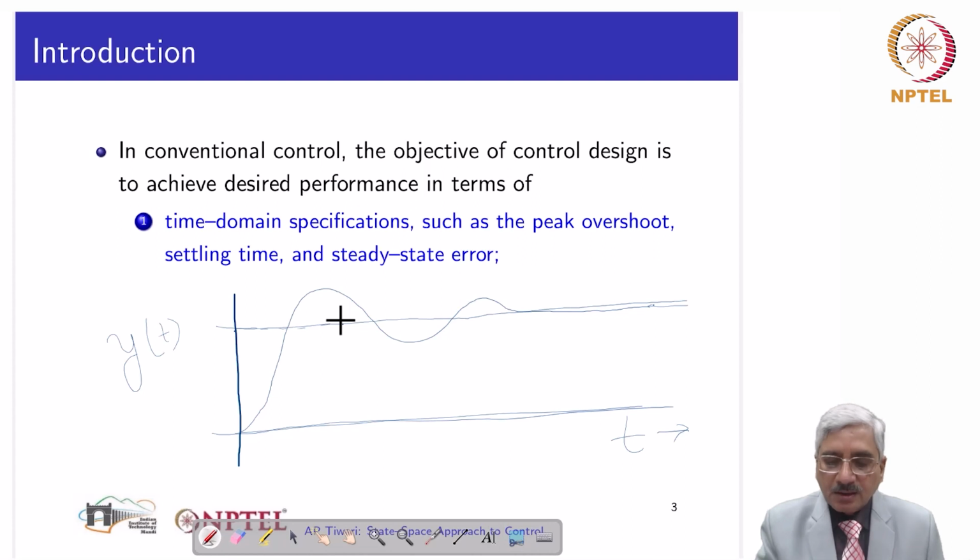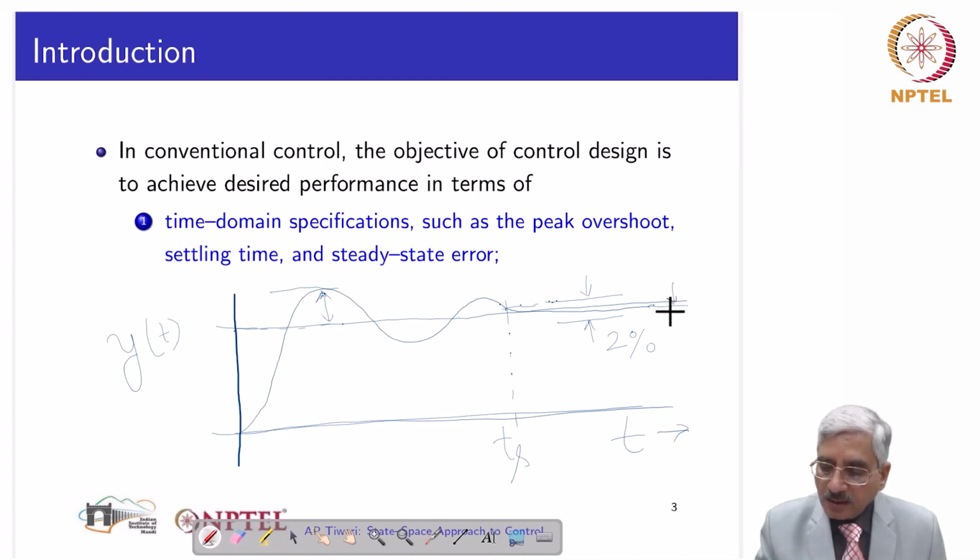Now generally the specification of system can be given in terms of this peak overshoot, how much it is, the settling time when it reaches in some band like 2% or 5%. So the time when it enters this band and remains in that band, that is the settling time, and the steady state error.